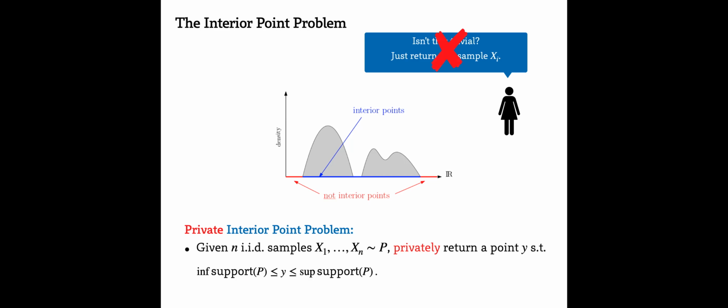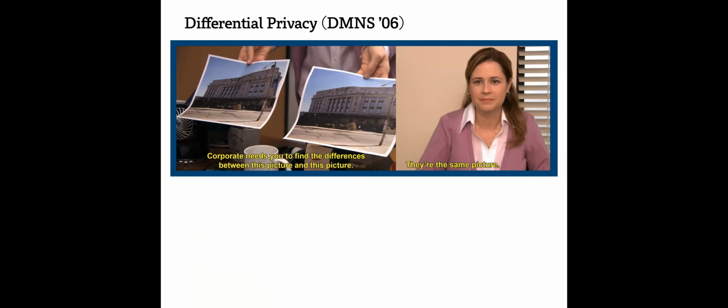Now, more formally, what I mean by privately is we want a differentially private algorithm. Whether or not you've seen the definition of differential privacy before, I want to quickly define it so that we're all on the same page. I like to think of differential privacy with the following meme from The Office.